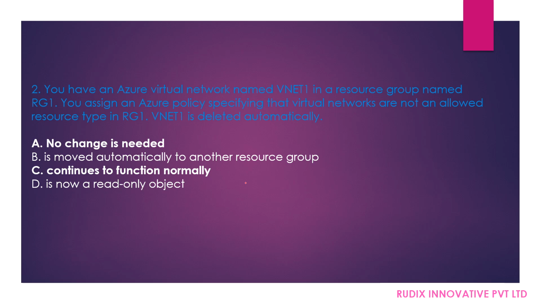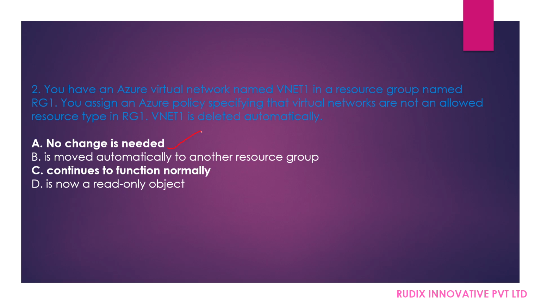We have to choose whether the sentence is right or not. If the sentence is right, no change is needed. If the sentence is wrong, we have to choose an option and correct the sentence. This type of question will be asked in certifications. So the correct answer is no change needed.